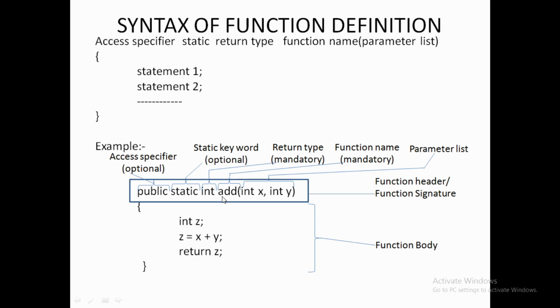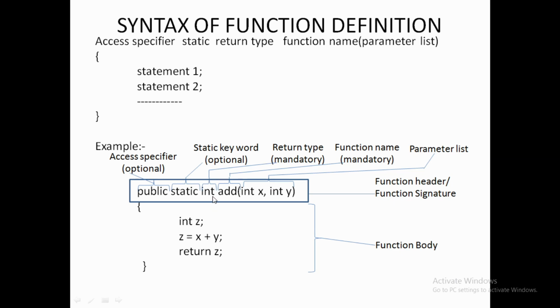Whenever a function has a return type anything other than void, then there must be a return statement at the last line of the body of that function, and the return value must be of the same data type as the return type of this function, or these two types, that means the type of this value and the return type, must be compatible.